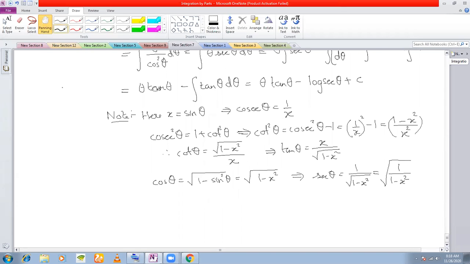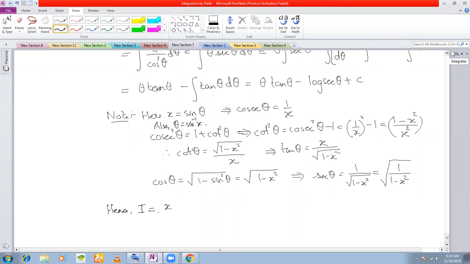Therefore, what is the value of I? Hence, I is equal to theta tan theta. If x is equal to sin theta, theta is equal to sin inverse x. So instead of theta, you put sin inverse x. Instead of tan theta, you put x by root 1 minus x square.